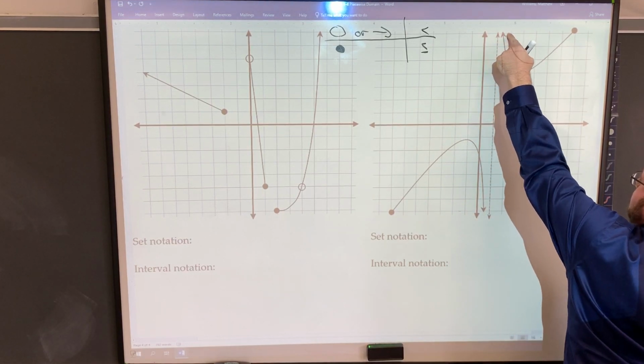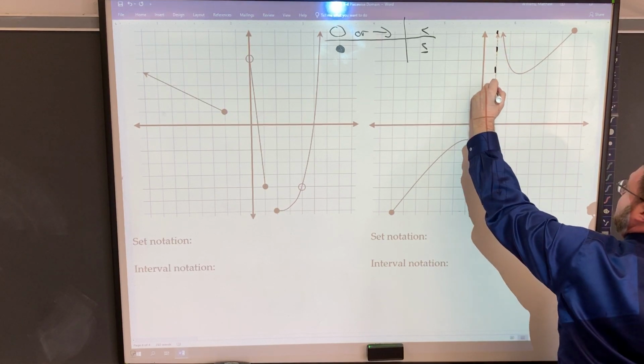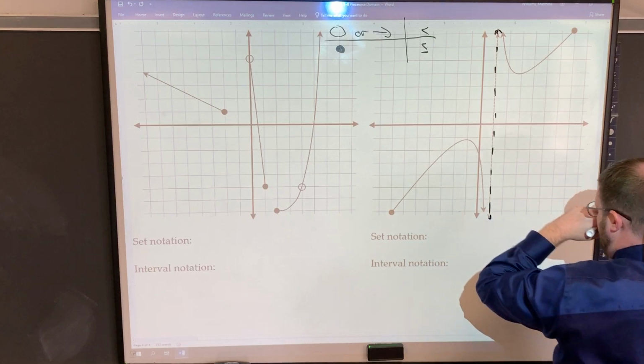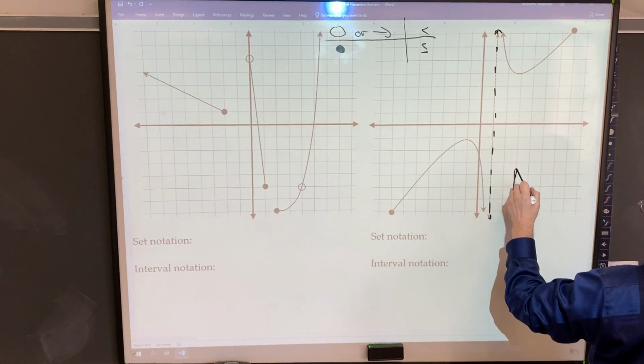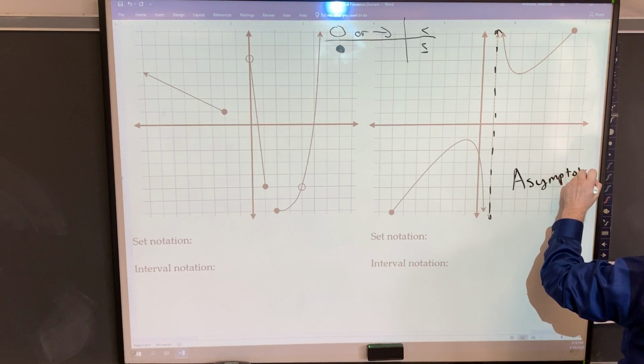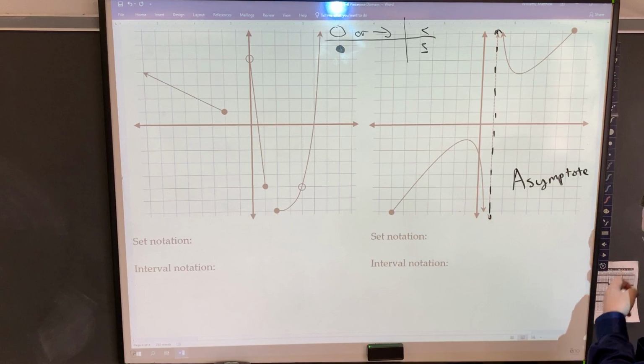This arrow shows that it goes up, this arrow shows that it goes down. This is a dotted line, shows that it never actually touches that dotted line. It is called an asymptote. That's a big topic in the second quarter.